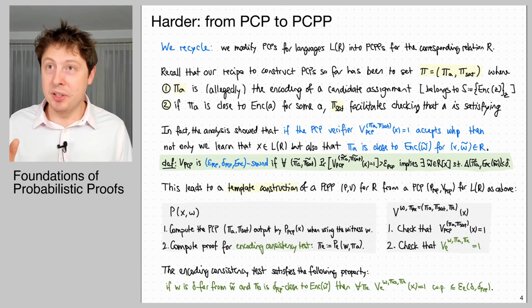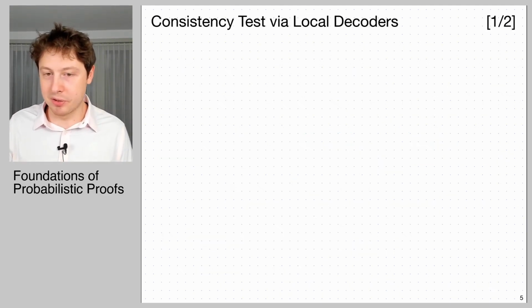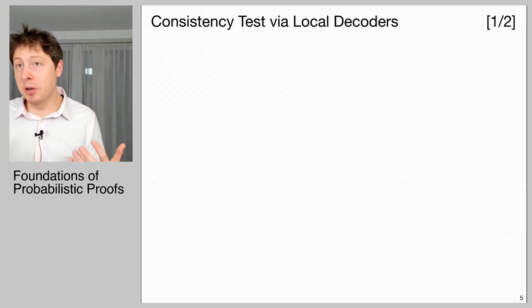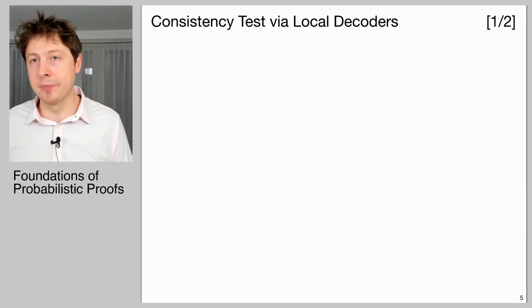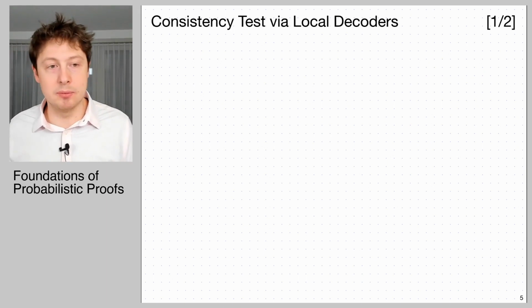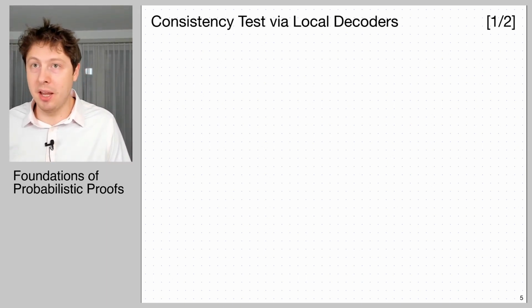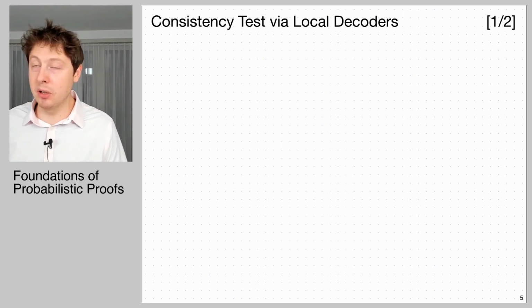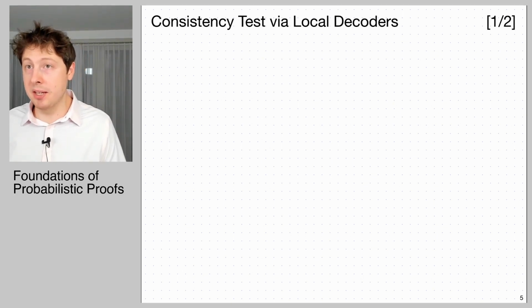All right, so let's turn this template into a concrete construction. We're going to be using local decoders. We've seen them twice before. Once in class for exponentially large PCPs, that was locally decoding or self-correcting linear functions, and the second time you've seen it in homework.